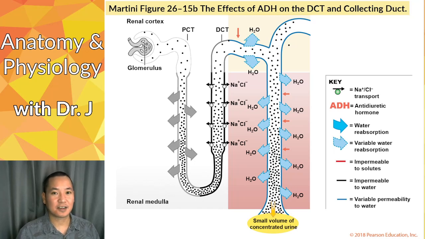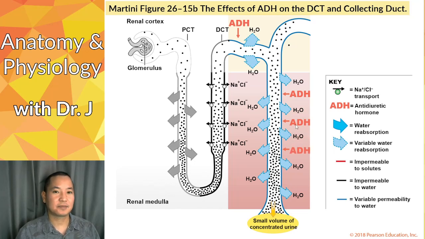Aquaporins only allow water through. So by allowing more water to flow between the renal tubule and the interstitium of the kidney and the renal medulla, more water is drawn out via osmosis through that very salty renal medulla. So that's the overall effect of ADH: it opens up more channels for water to go through.